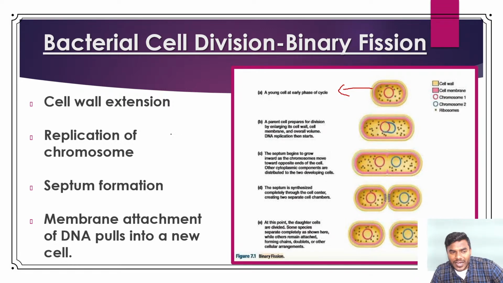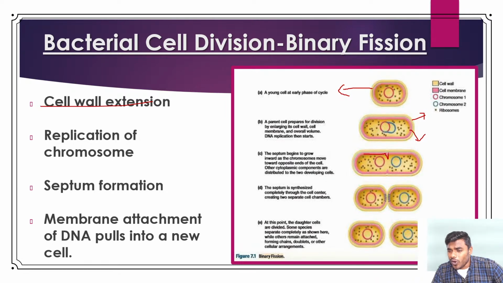When the cell wall gets extended, automatically the cell membrane gets extended. Remember that point. Here, the cell wall is extended and the cell membrane is also getting extended. Now please listen to my statement. The moment the cell wall and cell membrane are extended, there is a formation of the septum.